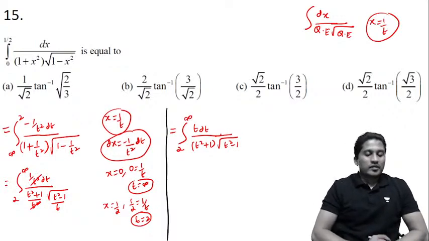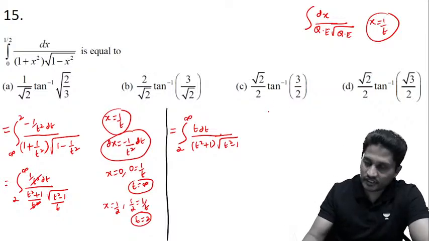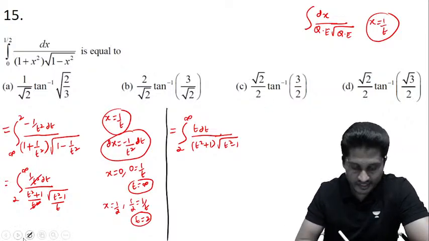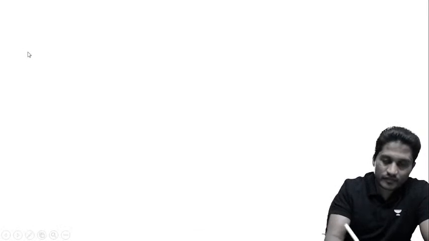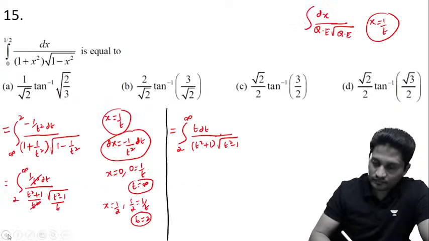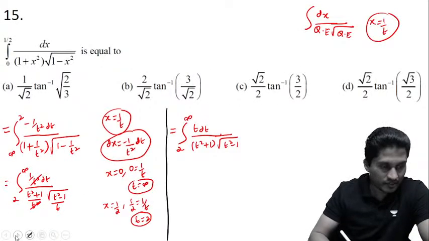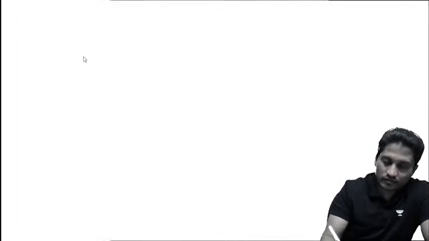Now I'm going to substitute under the root some other variable. I'll put t^2 minus 1. So let me do it here, guys. So now I actually have integration of 2 to infinity of t dt divided by (t^2 plus 1) into root of (t^2 minus 1).